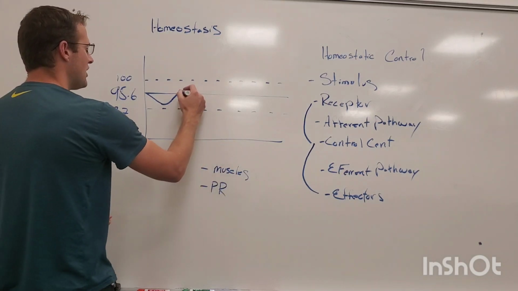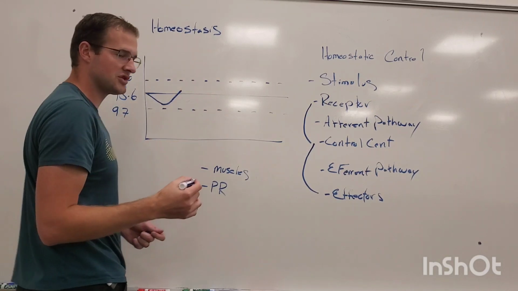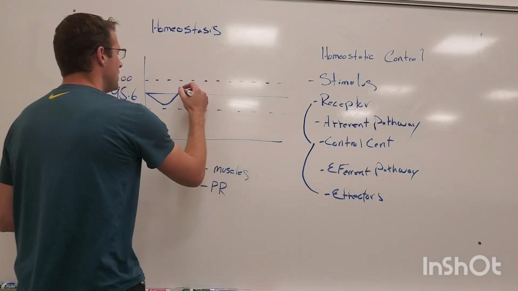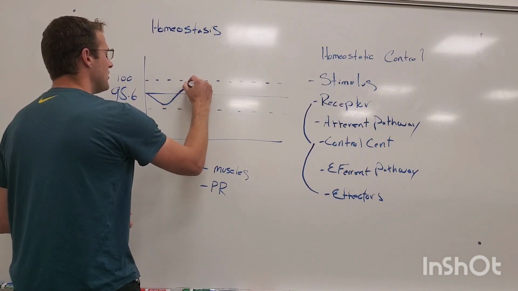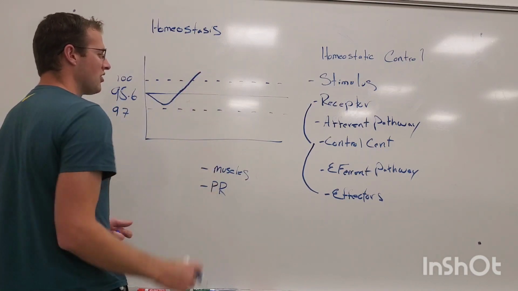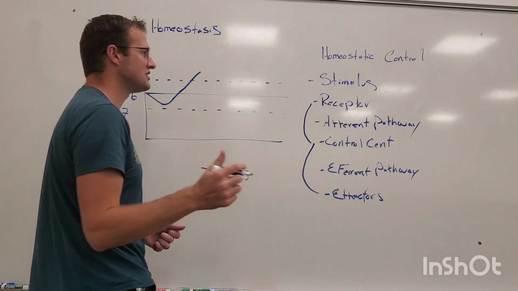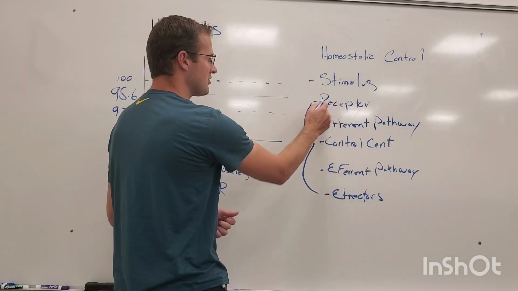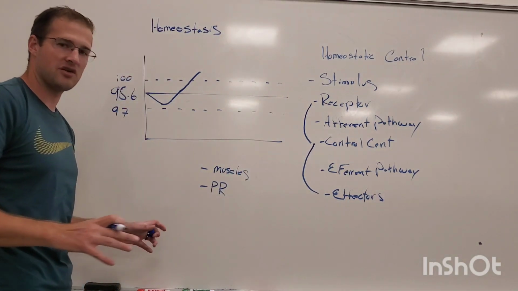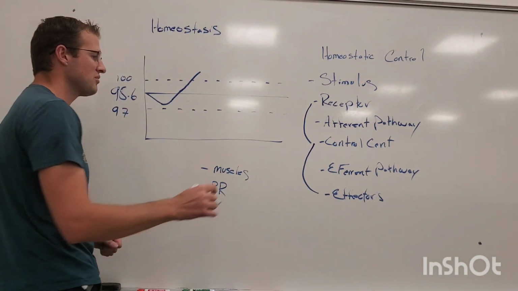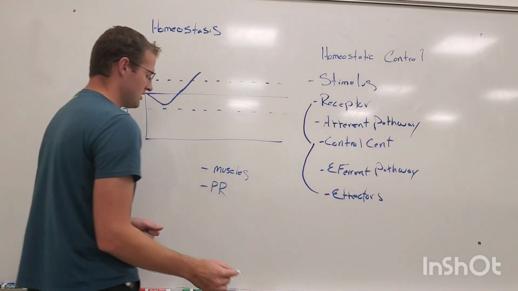Contrarily, if we go too hot, if we are out in the middle of July, 100 degrees, and we are running a marathon, and we start to get too hot, our body's going to say, all right, it's too hot, we need to make some changes. So the stimulus is too hot, our receptors are going to say, hey, brain, it's too hot outside, our body's getting a little warm. It's going to send a message along the efferent pathway to the effectors.